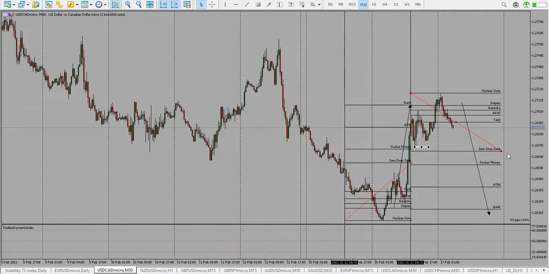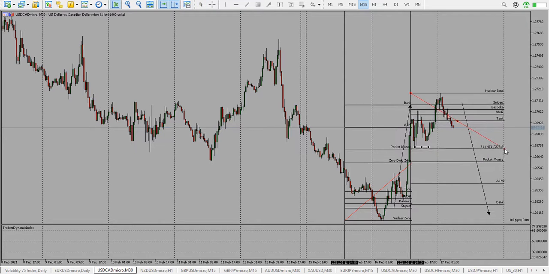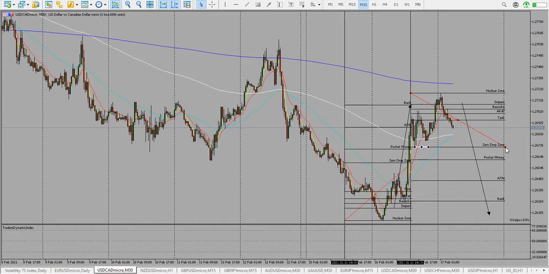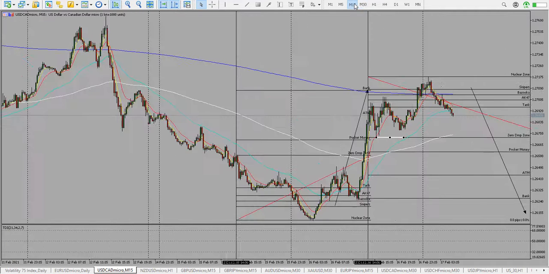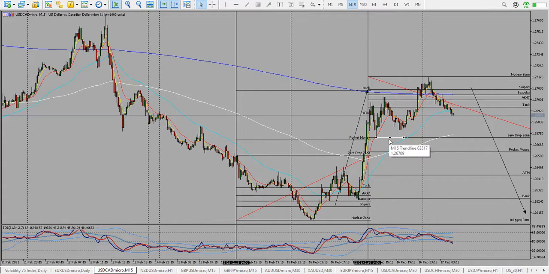Let me make M30 here. Okay, this is the low of New York. Now we have the low of New York and the high of New York.